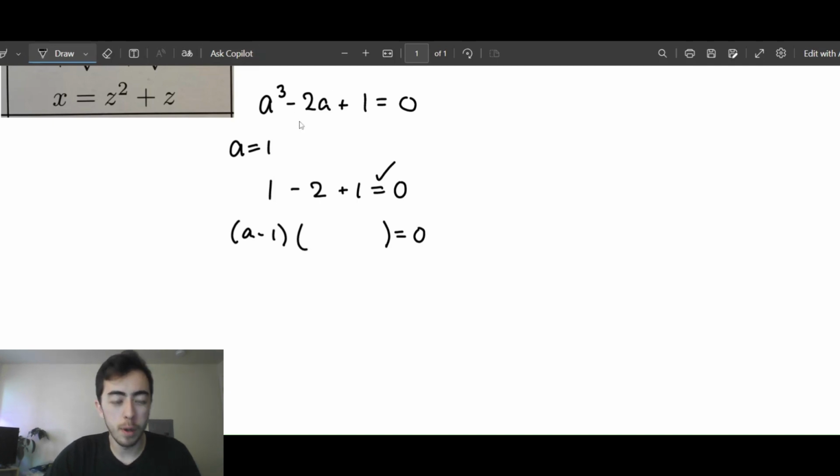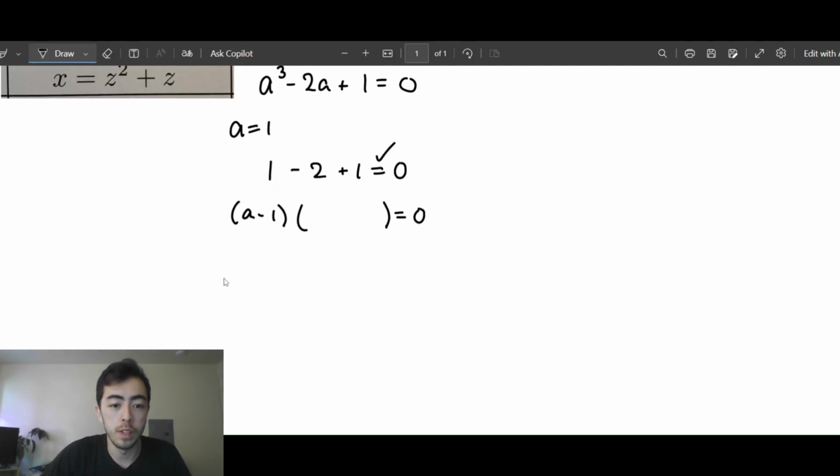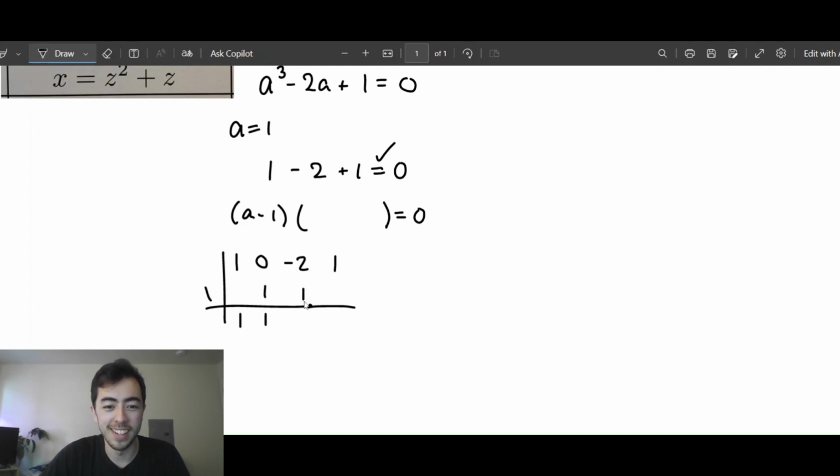And I suppose I'll use synthetic division to figure out what that quadratic is going to be. So I'll put the root right here. I'll put all the coefficients of my cubic in order. So it's 1, 0, because I'm missing the quadratic term, -2, and then 1. And then with this procedure, I'll go down and then multiply and then add, and then multiply and then add, and then multiply and then add.